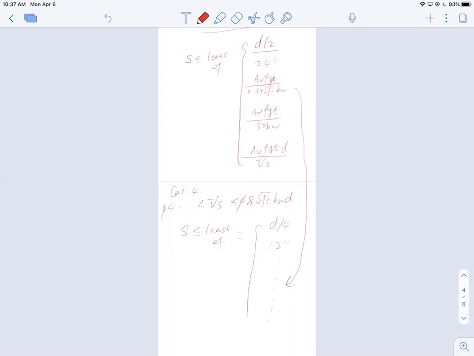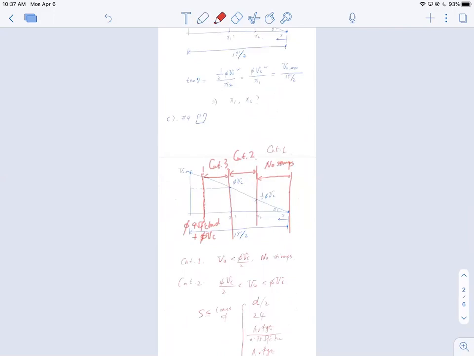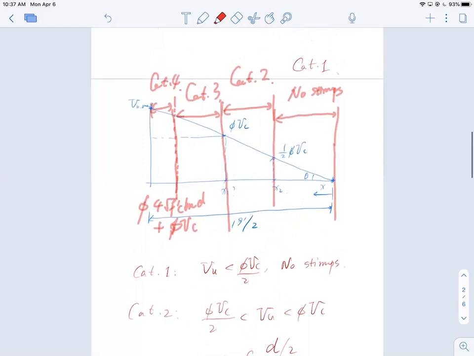So as my shear force increases, I'm going to go through the whole four categories.